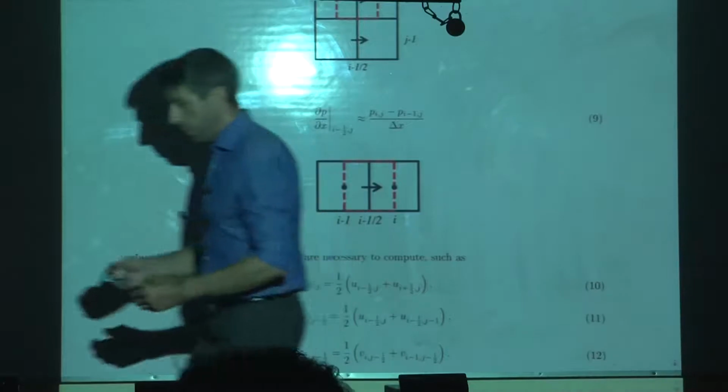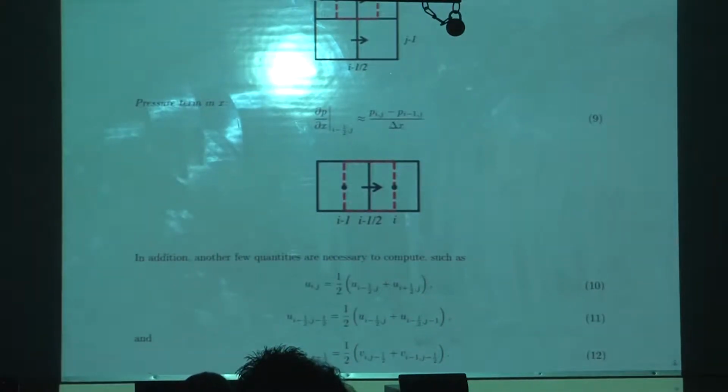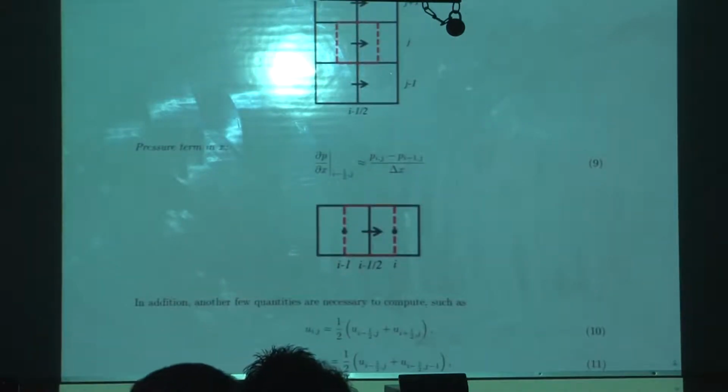well, it's very easy. This is dp dx at i plus 1/2, and that's equal to (p_{i+1} minus p_i) over dx.